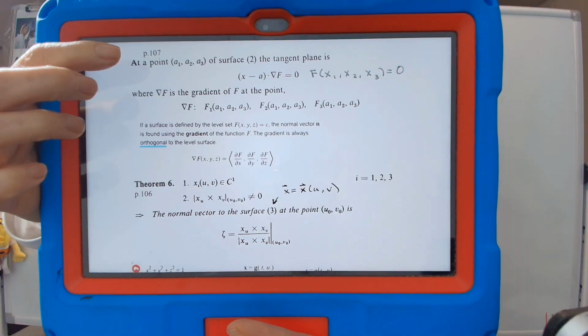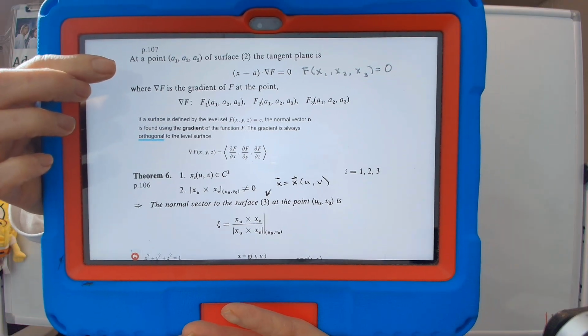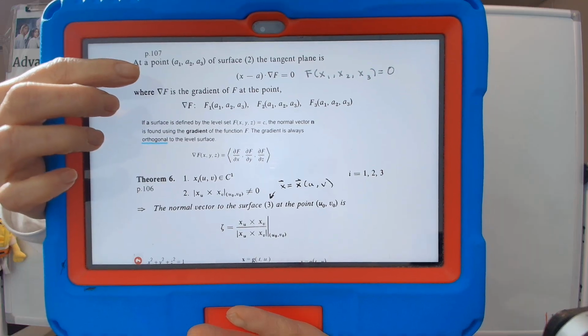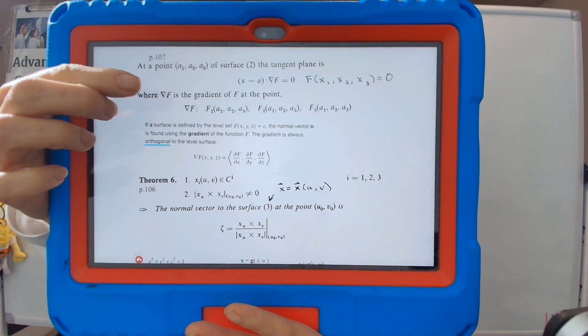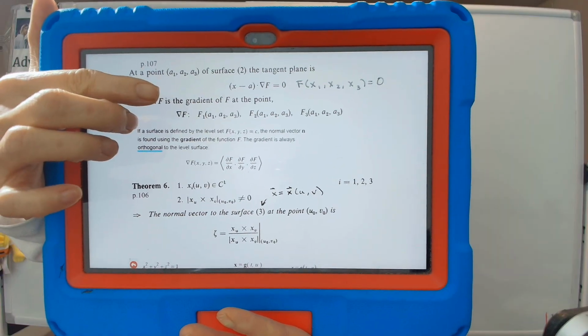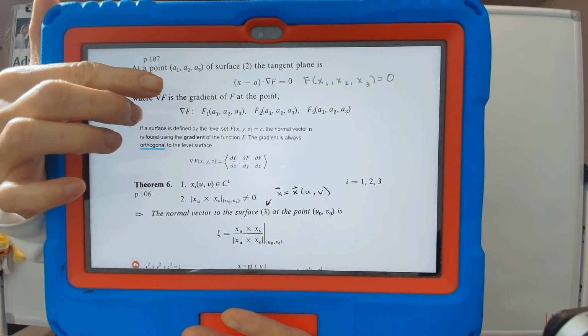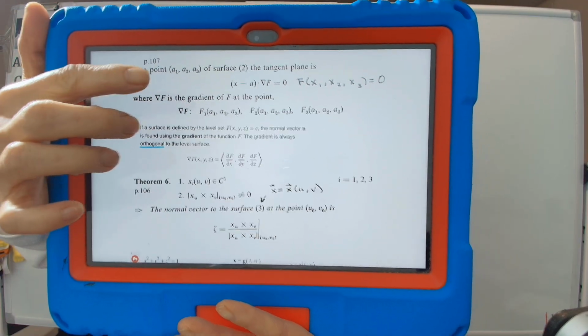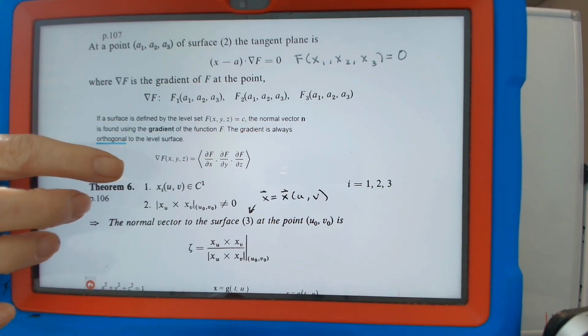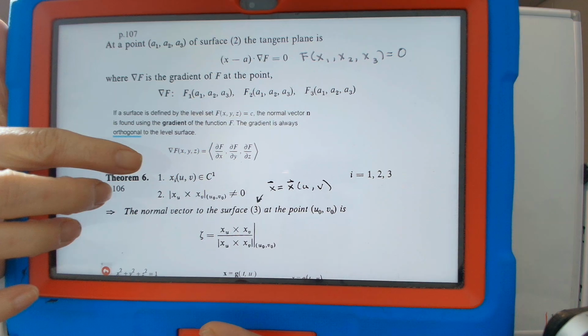On page 107, we have a point where it says that the tangent plane of any surface, let's say that surface is big F(x1, x2, x3) equal to 0, is (x minus a) dot grad F equal to 0, where grad F is partial F with respect to x, y, and z.